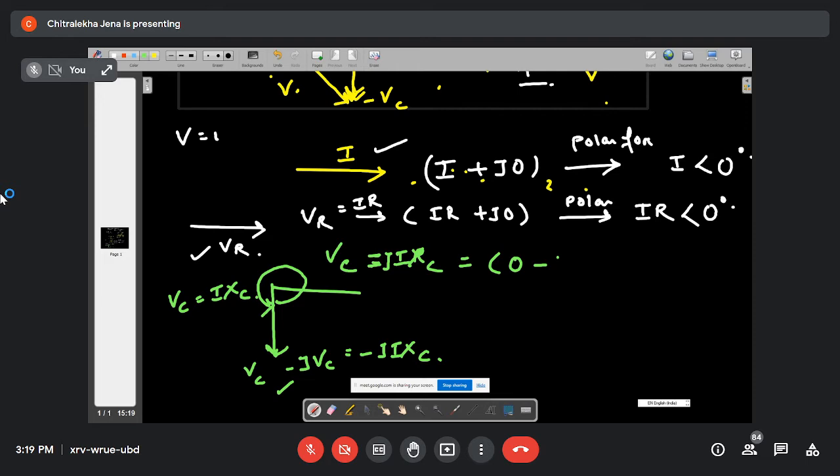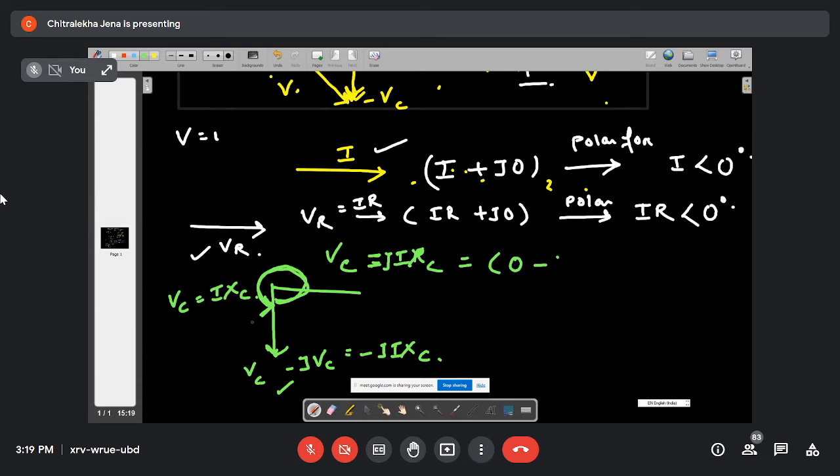J square into J I XC. Means that J cube, ma'am, or J square? When you are rotating by 270 degree, how much do you have to multiply? J cube. J cube is equal to how much?